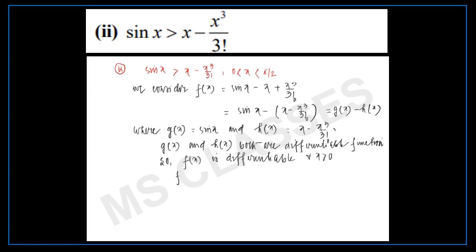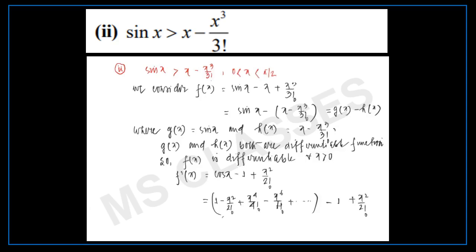Now we differentiate this and we get cos x minus 1 plus x square by 2. Now if we simplify this, cos x, we know the expansion: 1 minus x square by 2 factorial plus x to the power of 4 by 4 factorial minus x to the power 6 by 6 factorial and so on. Minus 1 plus x square by 2 factorial.